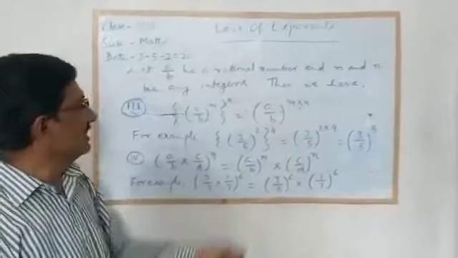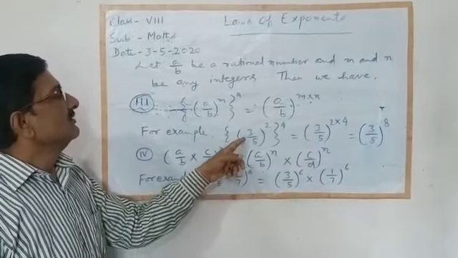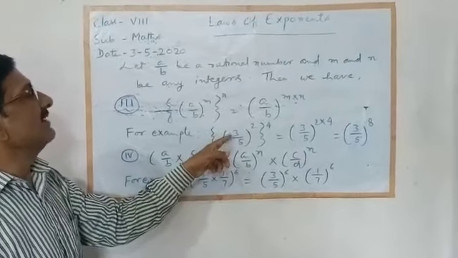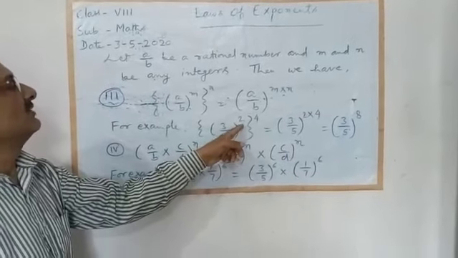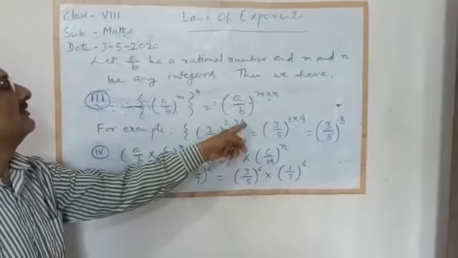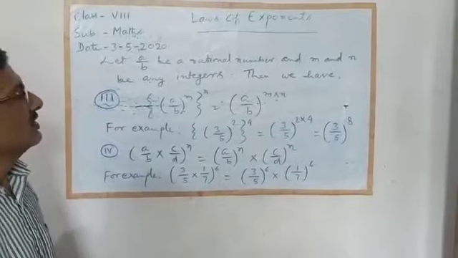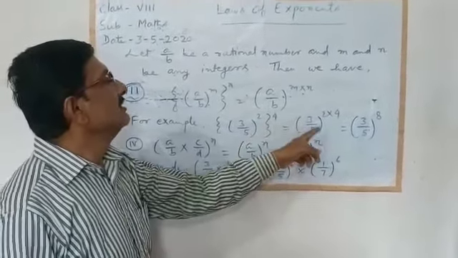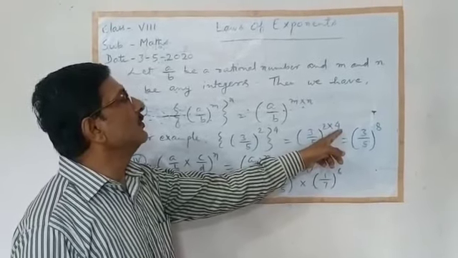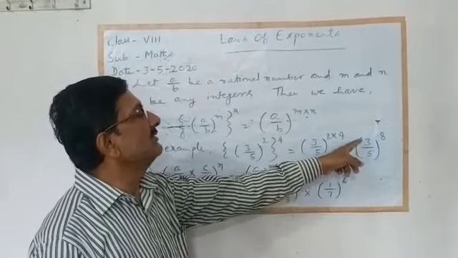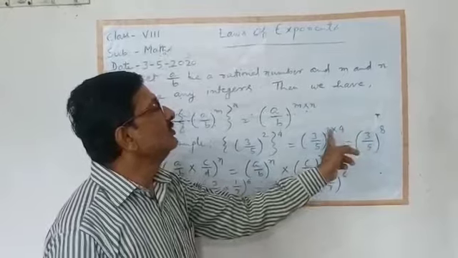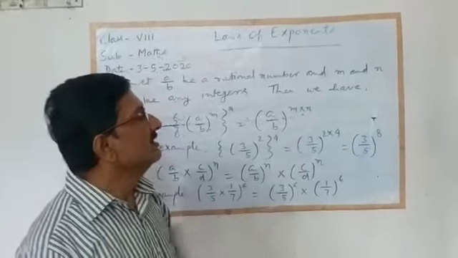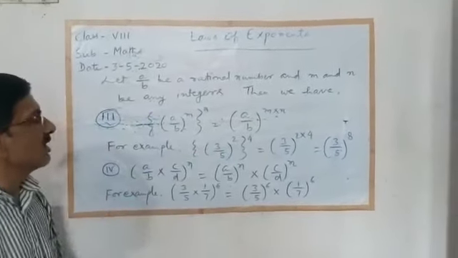For example, we have taken here (3/5)^2 and whole to the power 4. That will give you the result (3/5) to the power 2 multiplied by 4, which will be equal to (3/5)^8. So in this way we can solve the problem.